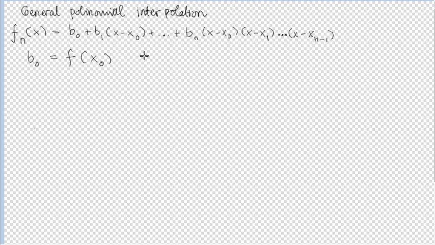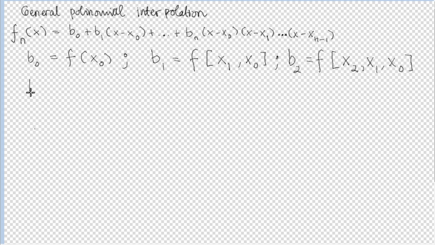Then what is b1? b1 is f of the difference, this is the symbol of difference, between x1 and x0, and b2 is a different function of x2, x1, and x0, and so on.